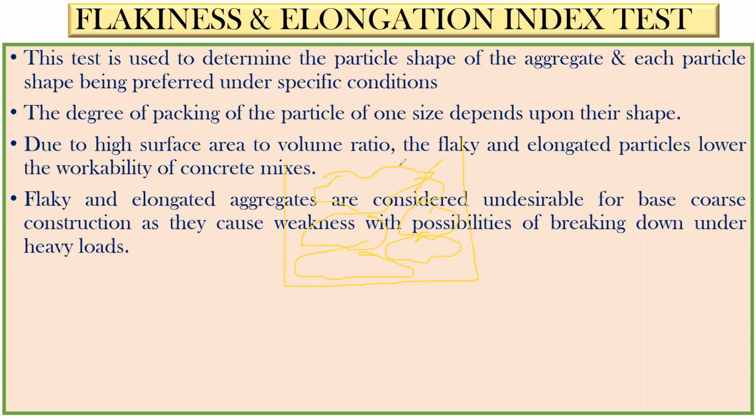If the surface area is more, then the workability is going to come down, since it is a rough surface area, right? And for this particular volume, you are putting in very little aggregate. So that is why it is written here: due to high surface area to volume ratio, the flaky and the elongated particles lower the workability of the concrete mix.